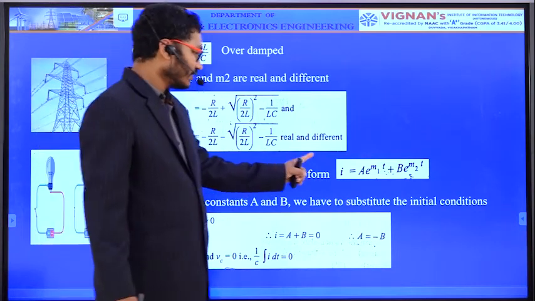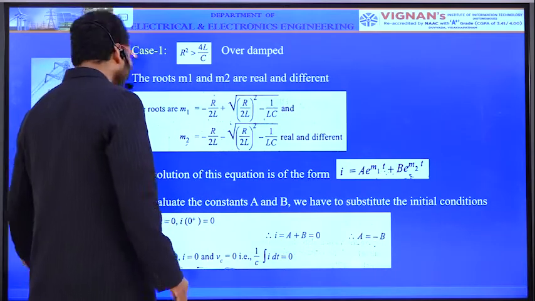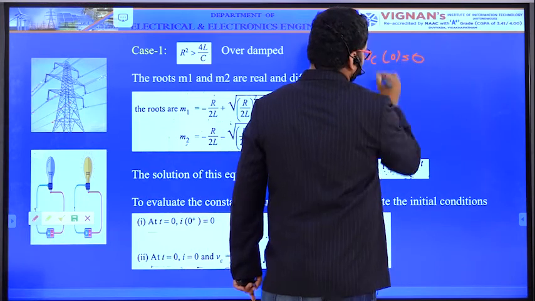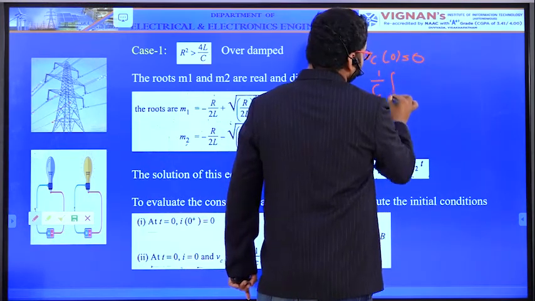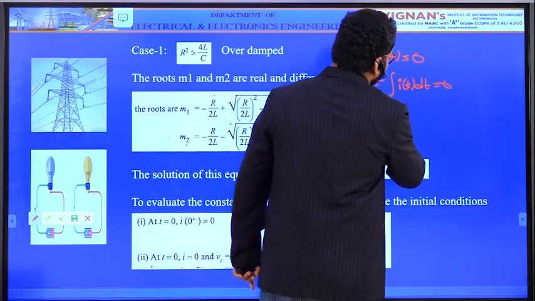Understand? So here what you have to do, VC of t is 0, we have a VC of t, VC of 0 is 0, right? Previously we found VC of 0 means 1 by C integration of I of t dt, from 0.